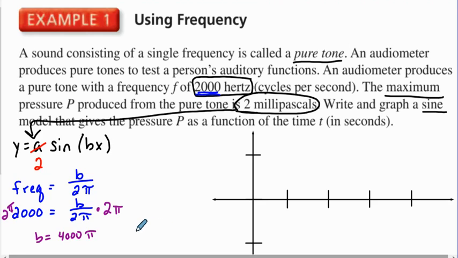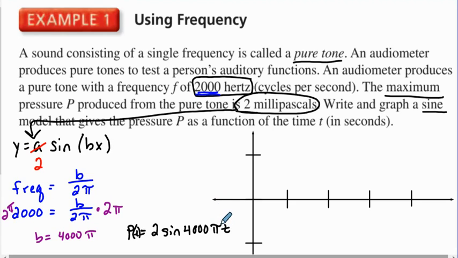Then I can write my function for my model. That's going to be y equals 2 times the sine of 4,000 pi times t. And I should say that this is not y, this is the pressure, so this is going to be pressure based on time, 2 times the sine of 4,000 pi t.